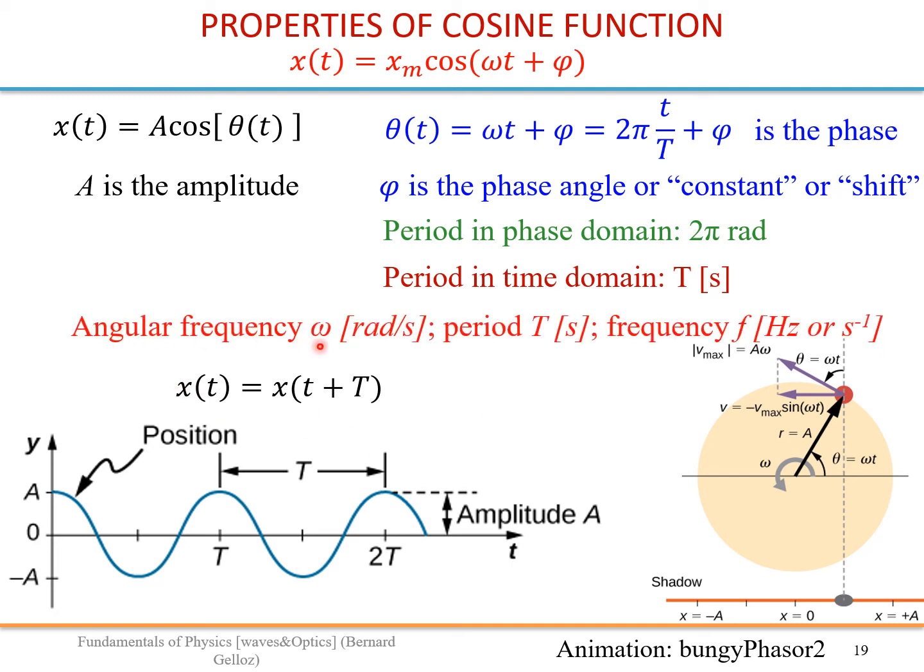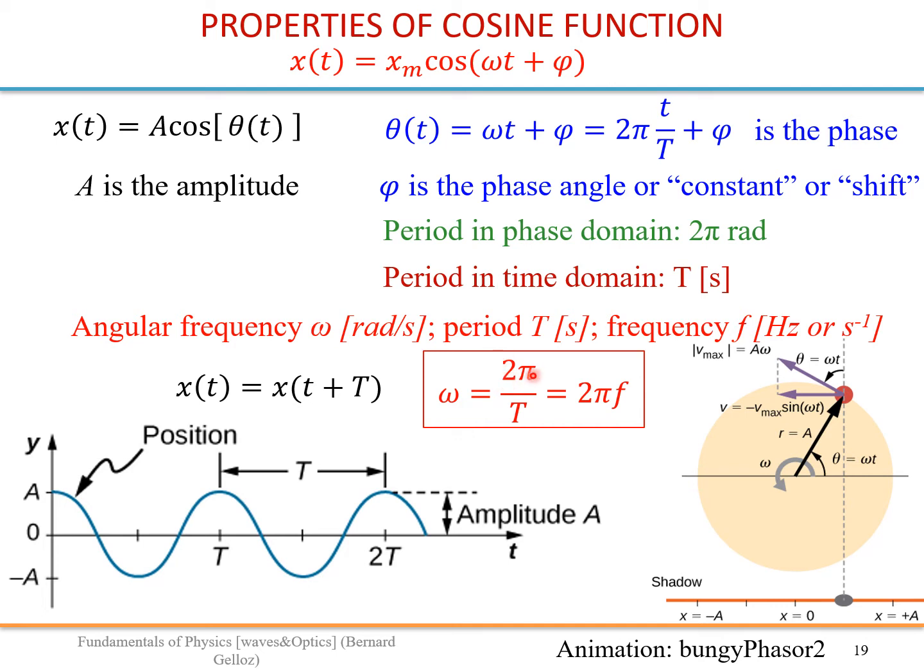Also we define omega, which is called the angular frequency, in radian per second. Period T is in seconds, and also the frequency in per second or hertz. So we are going to play with all of these in this course and in the problems, and this will be extremely useful. You should know that already.